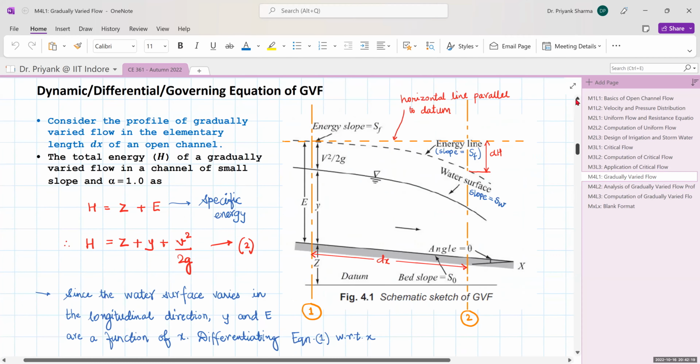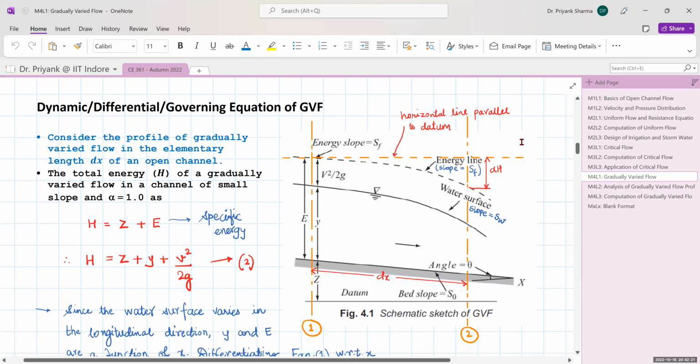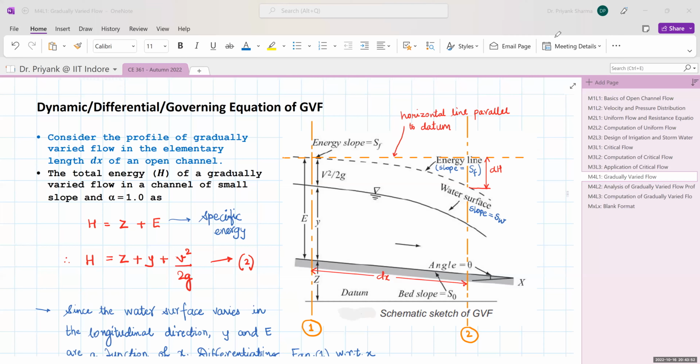Now let us derive the dynamical, or differential, or governing equation of gradually varied flow. So let us understand the schematic first. In this we have a channel of bed slope angle theta.